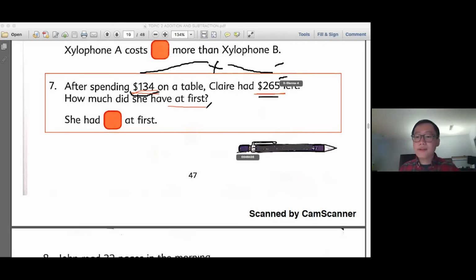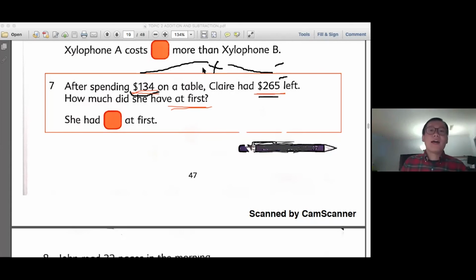In your head, imagine Claire, she had a lot of money at first. So she chose to spend 134 on the table. After she spent them on the table, she still had some money left, right? We want to find how much she had at first as a rich person.